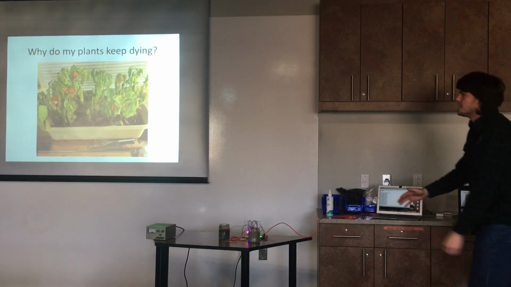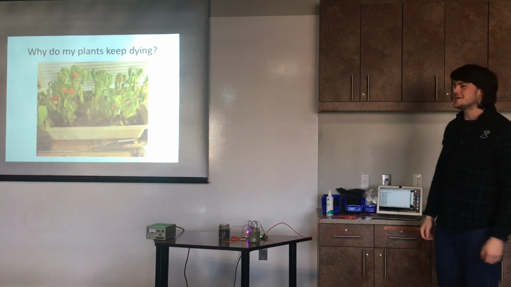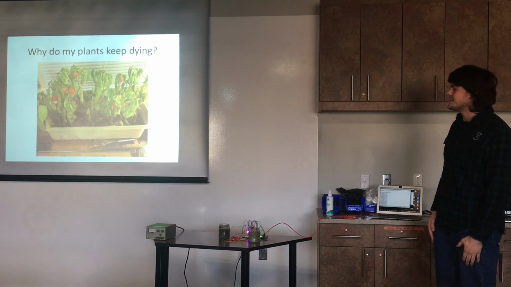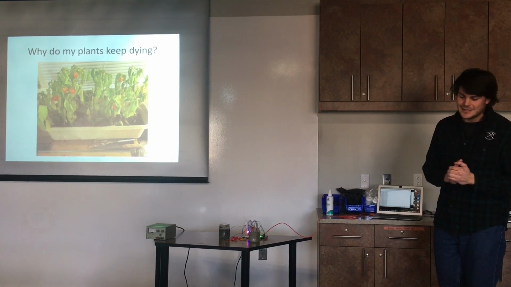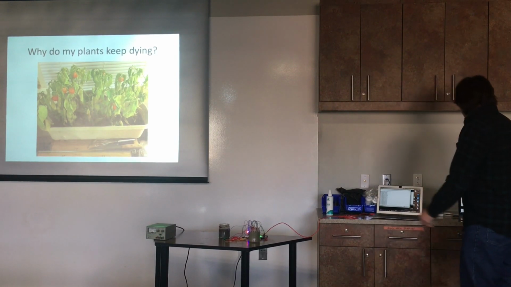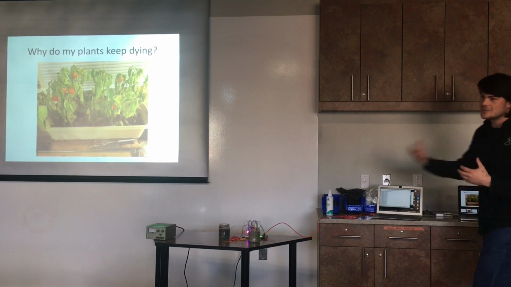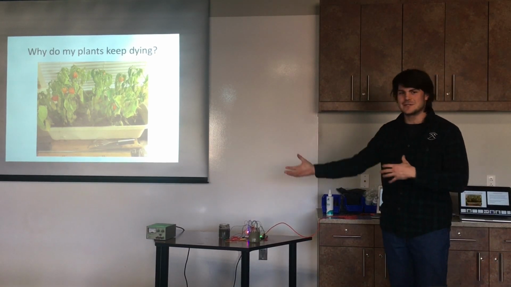So what was the motivation behind this? My plants obviously don't look too good. This one is not getting enough water, and I forget to water, and people always forget to water. So you want a way to remind yourself that you need to do something.